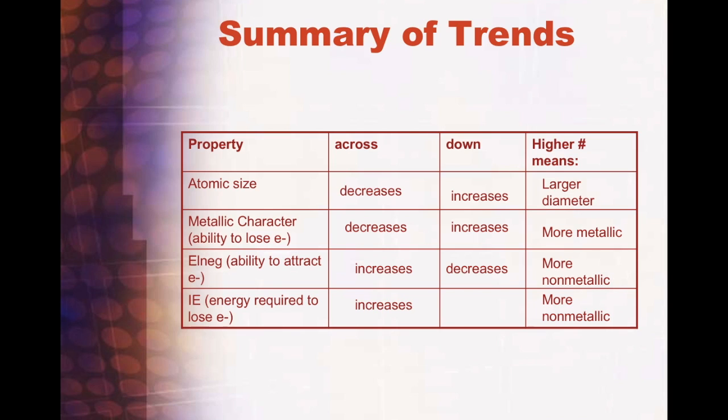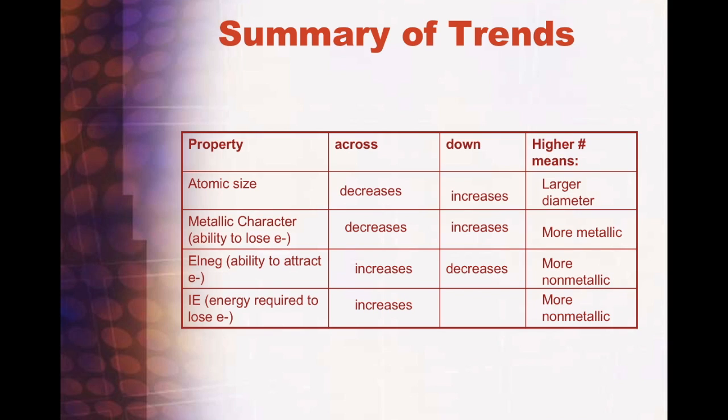First of all, because of the electron configuration, or what happens when an atom loses electrons. So going across the table from left to right, atoms are less likely to achieve a stable configuration by losing electrons, so it takes more energy.